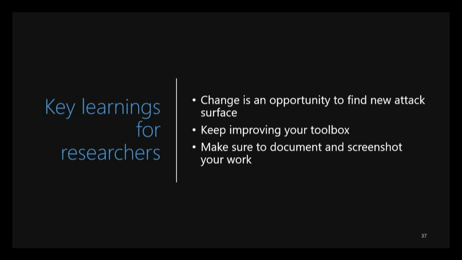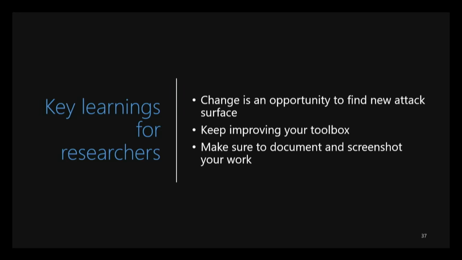And the second one, obviously, is make sure to document and screenshot your work. Because I forgot to do that at the time of discovery, that's why I have to use the updated, fixed version of JWT.